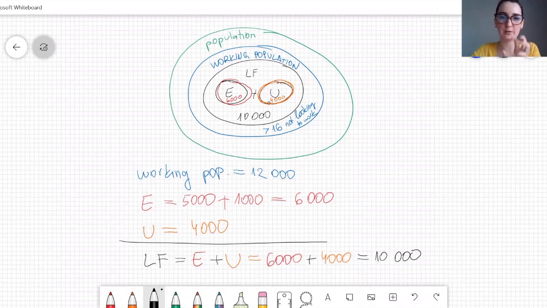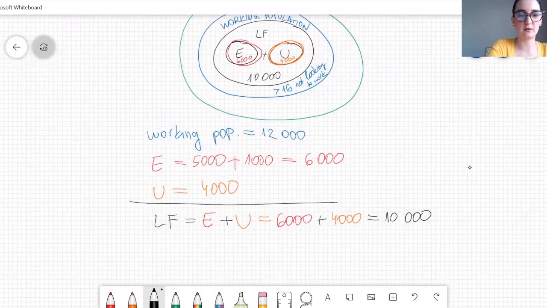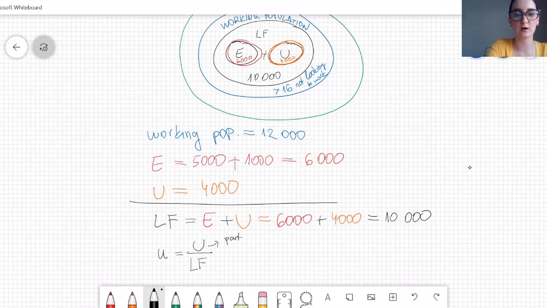So the part is unemployed, over the whole, which is the labor force. Small circle over the next bigger circle. Unemployment rate, we mark it with a lowercase u, equals unemployed over labor force. So part over whole.